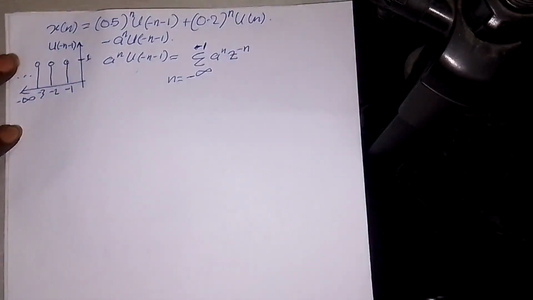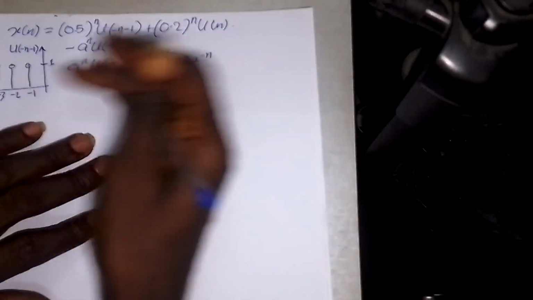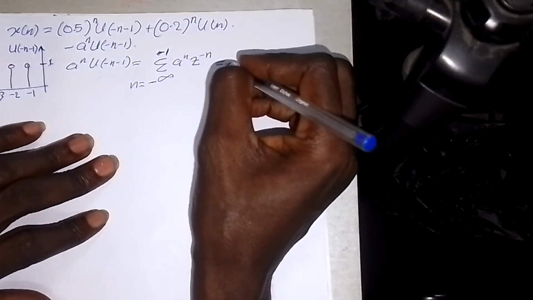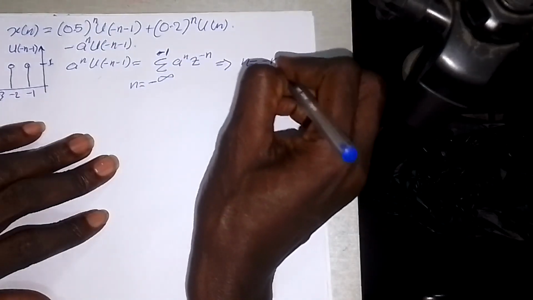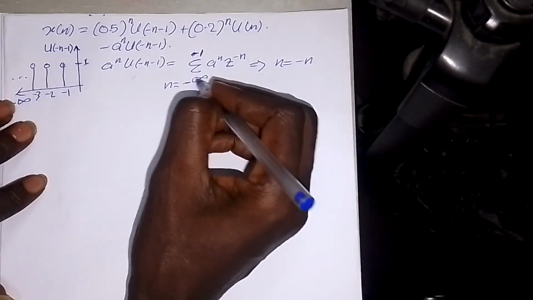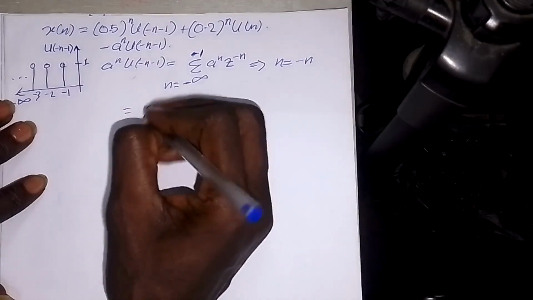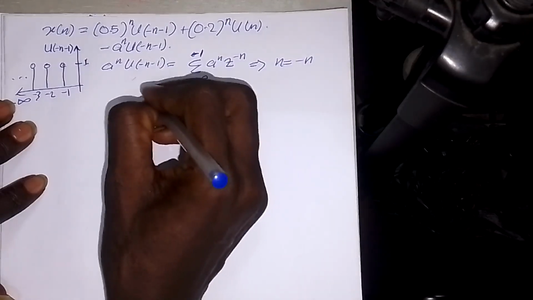So if the magnitude is 1, then this place will become like this. Now what I can say is, let me say that n is equal to minus n. If I say that, then the limit will change into n is equal to 1 and then infinity.